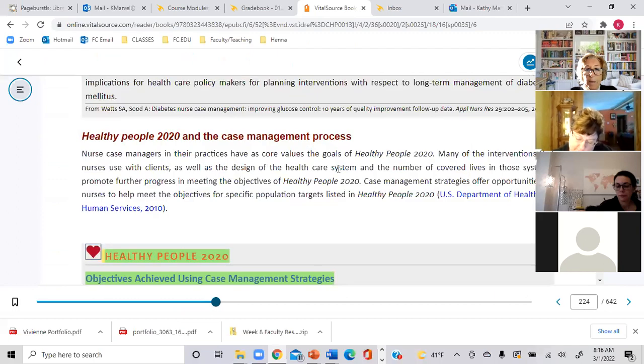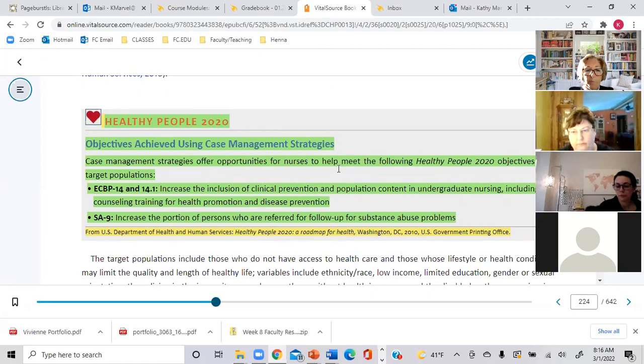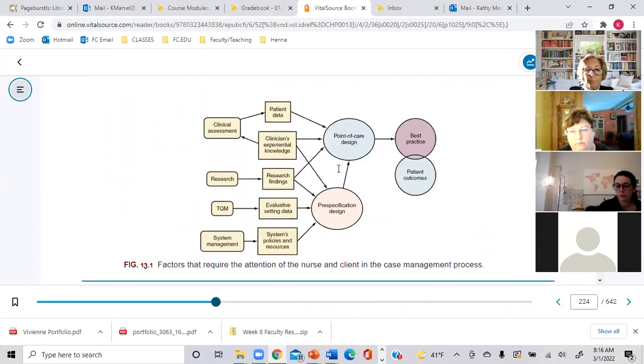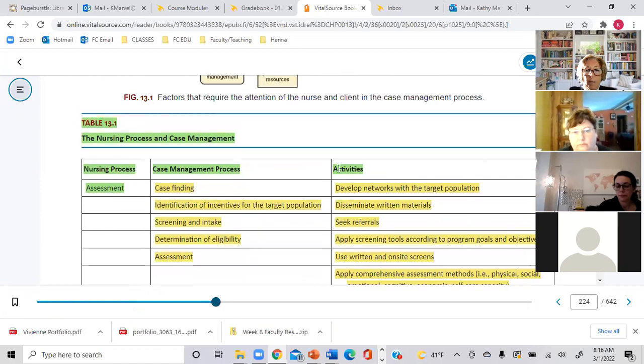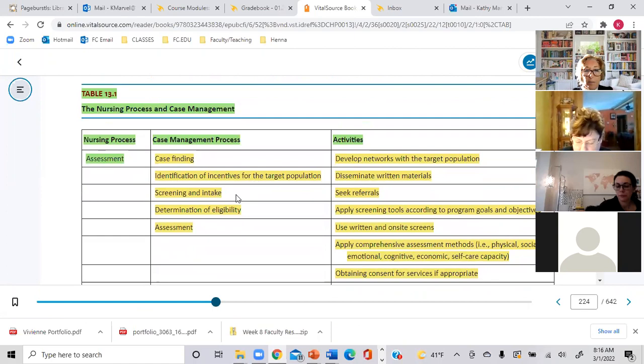Okay. Healthy People 2020 has its own box for objectives used in case management. Page 224. Please take a look at that. This is an excellent box, 13.1. This is an excellent box for how the nursing process looks through the case management lens.